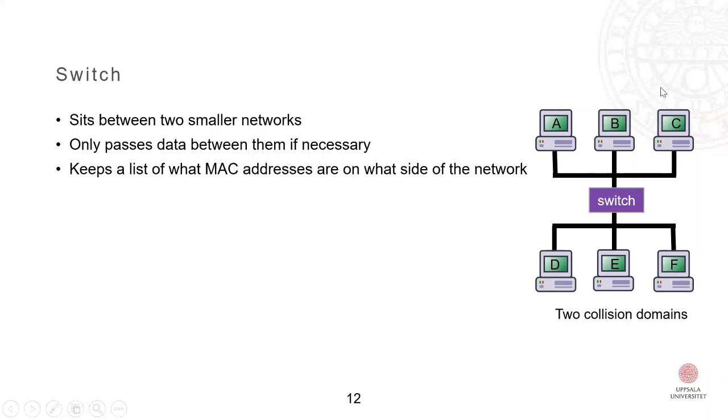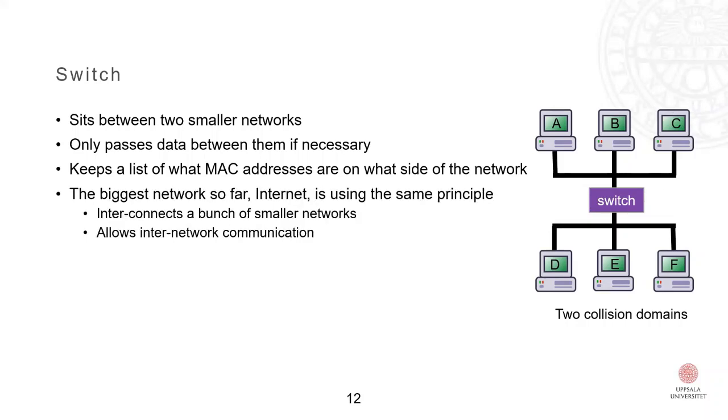For example, it knows that these 3 nodes with their special MAC addresses are at this part of the network, and these three other nodes are on the other part. And when it sees that a message has a MAC address that belongs to A, then it sends that message on the wire in this collision domain.